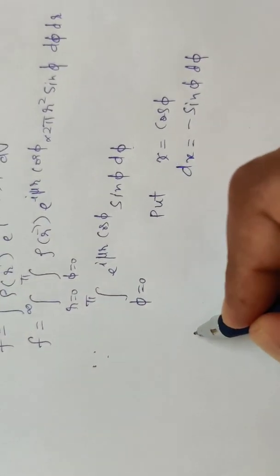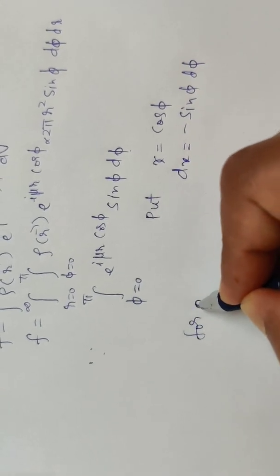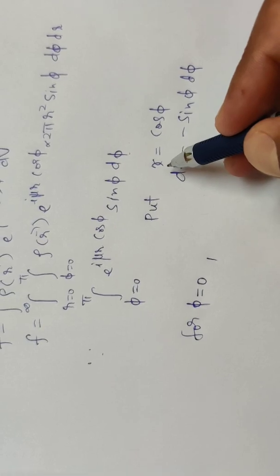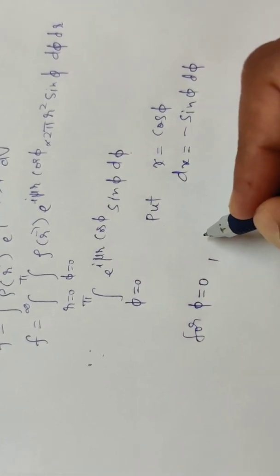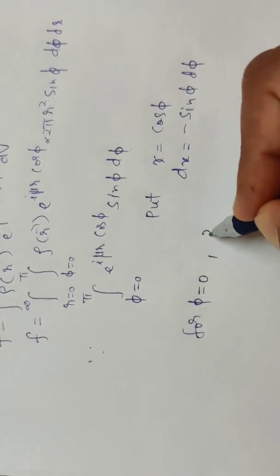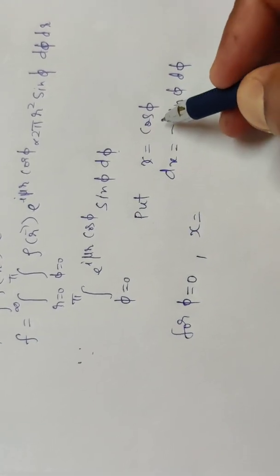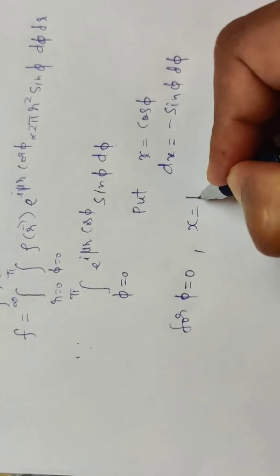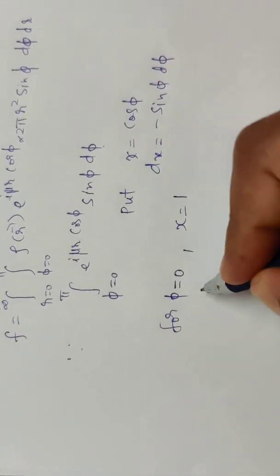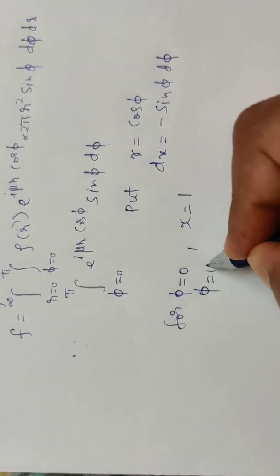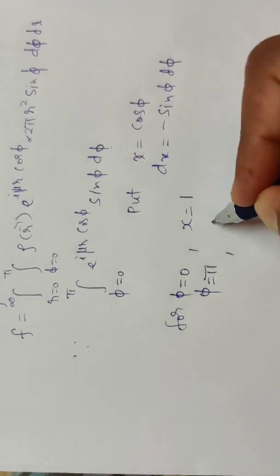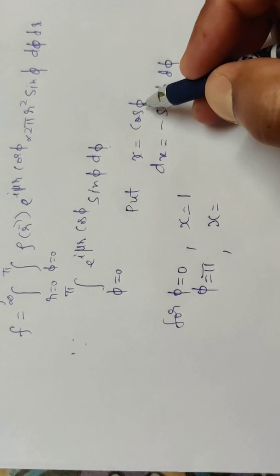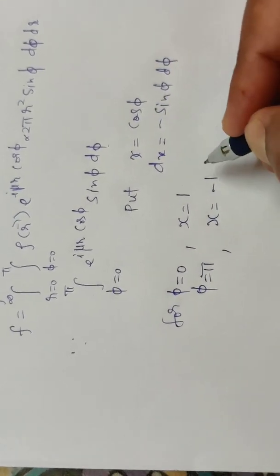So now for phi 0, x will be cos 0, which will be 1, and for phi is equal to pi, x will be cos pi, which is equal to minus 1.